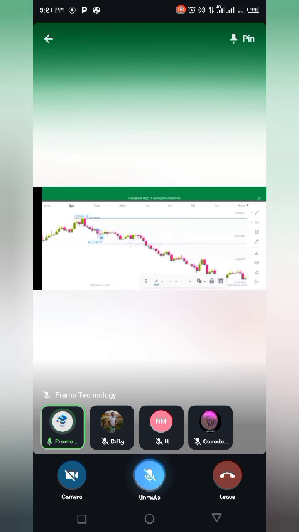Sorry, you can see that the red candlestick also hits a low price, and then the green candlesticks.